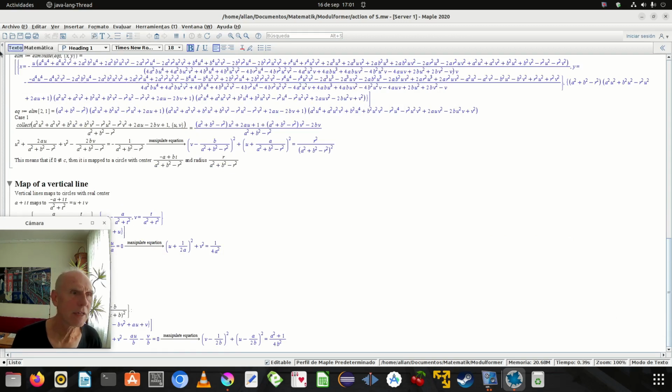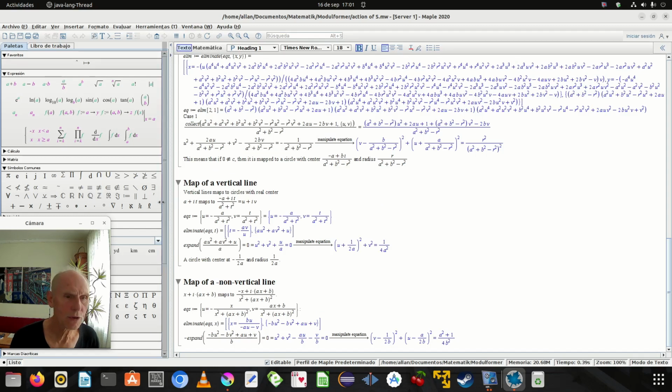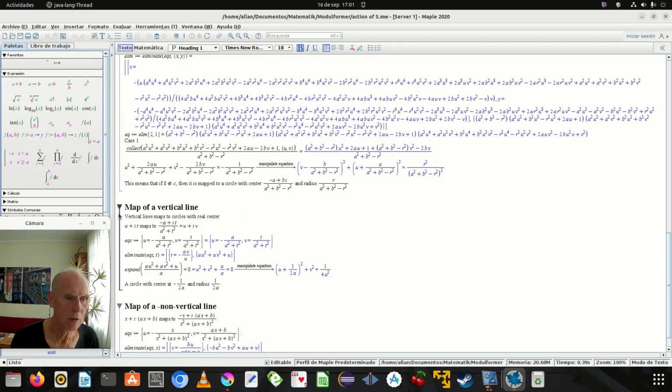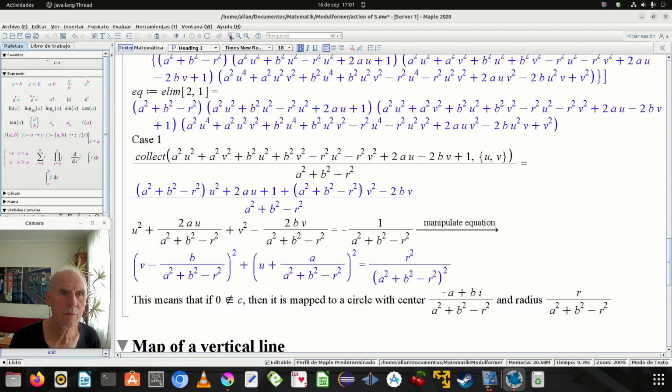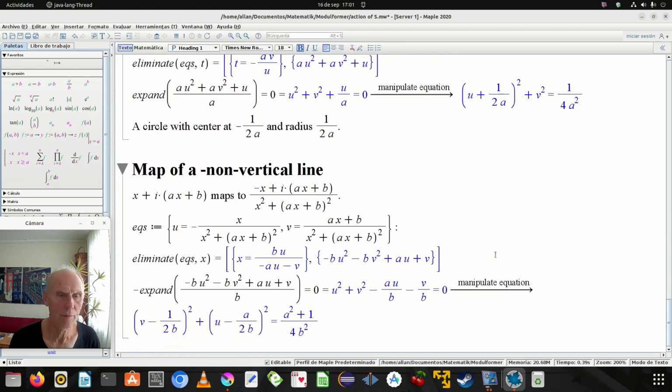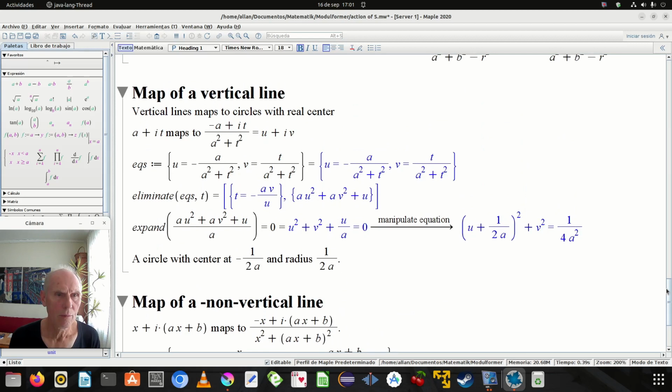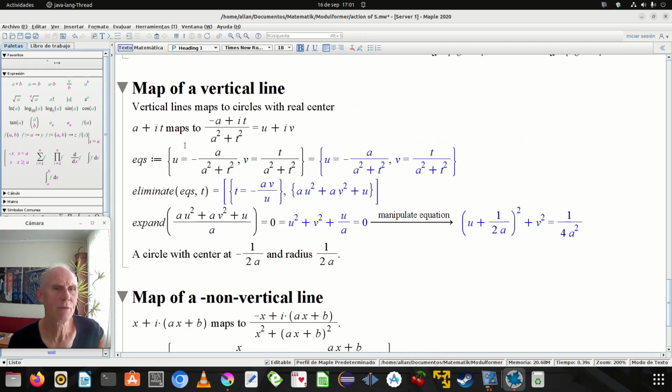And I have that in this Maple script. I did it by hand first. But for you, I have made Maple do it.